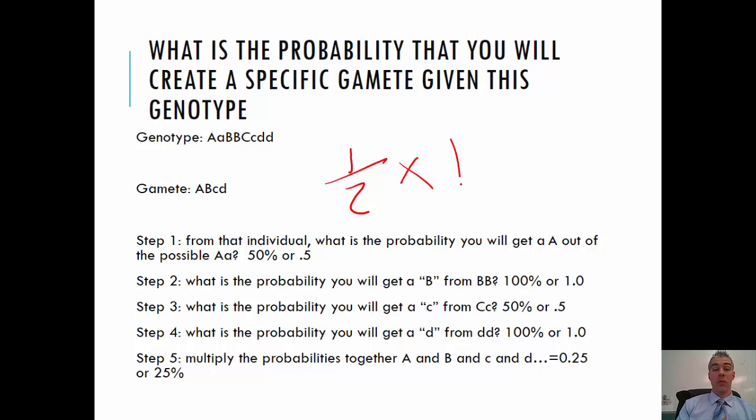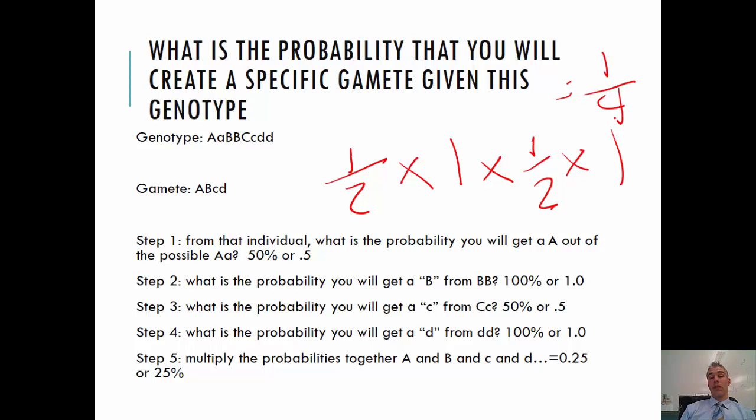It's the only option, so it's a 1. How about a little c out of a big C, little c? It's 1/2. And then a little d out of a little d, that's a 1. Multiply the probabilities, and you end up getting 1/4, or 25% of the time. And that's exactly the answer we get, 0.25.